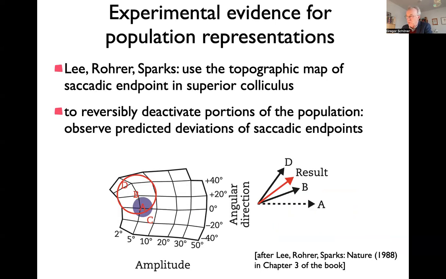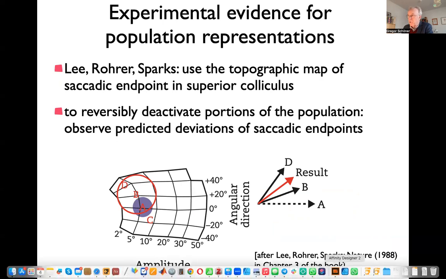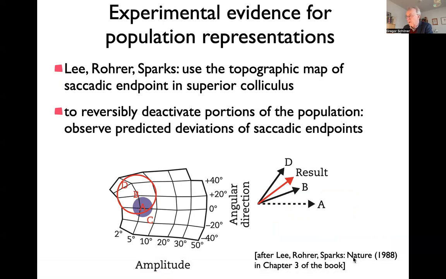Historically, perhaps the first study of that nature was in the superior colliculus, so not actually cortex but a subcortical structure, in David Sparks' group, where you also have a topographic mapping of saccadic endpoints. If you make a saccade in different directions, then a population here will become active.